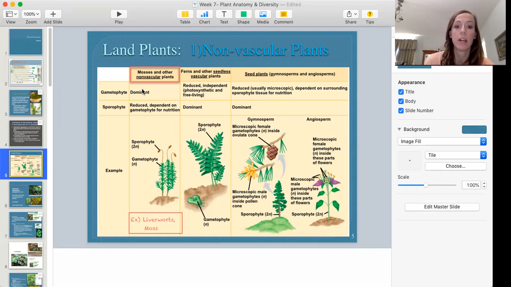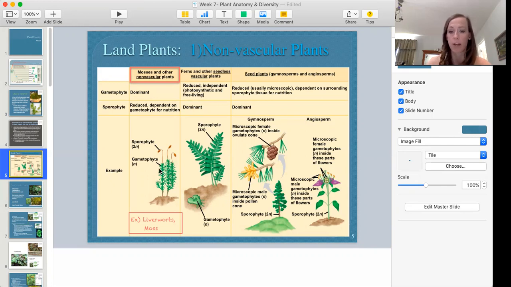And then what I'd like to point out with this slide is that the gametophyte generation, the haploid generation, is the dominant generation in our mosses and non-vascular plants. So the larger structure you would see when you look at the plant is going to be the haploid generation. So for instance, in this picture here, this is a moss, and the large green structure here, that's the gametophyte generation.